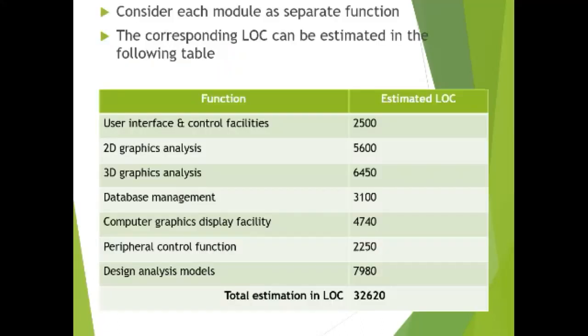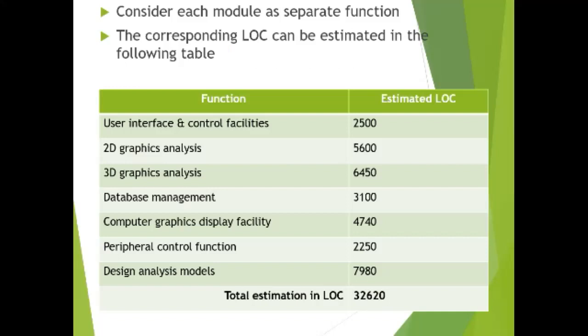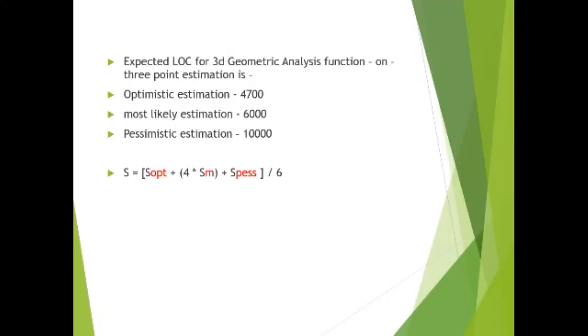Consider each module as a separate function. The corresponding LOC can be estimated in the following table. The expected LOC of the 3D geometric analysis function based on 3-point estimation is: optimistic estimate 4,700, most likely estimate 6,000, pessimistic estimate 10,000.